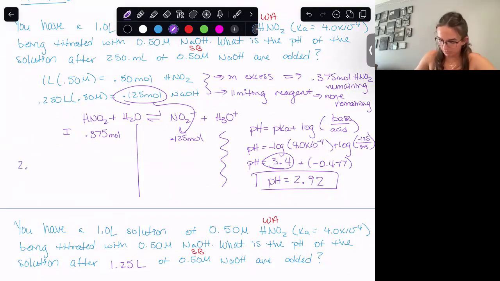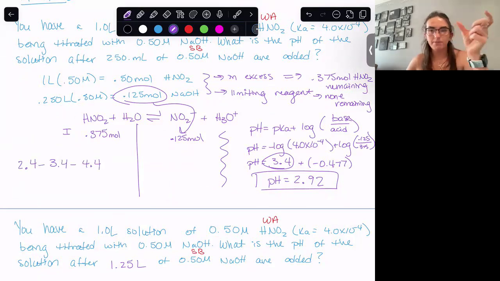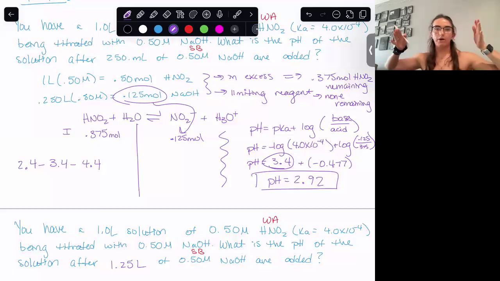So anywhere from 2.4 to 3.4 to 4.4. If you have a range here, that's going to be a good indicator because you're covering the buffering range of this certain buffer that you're looking at. Does that make sense?